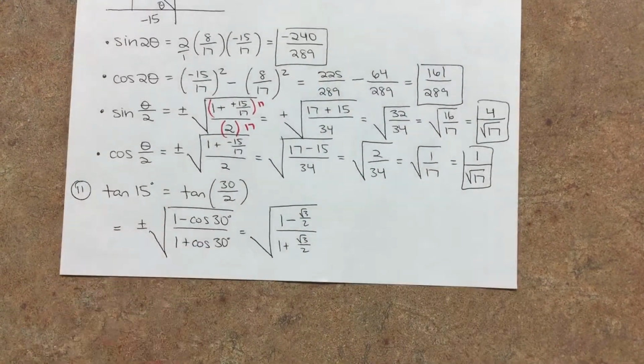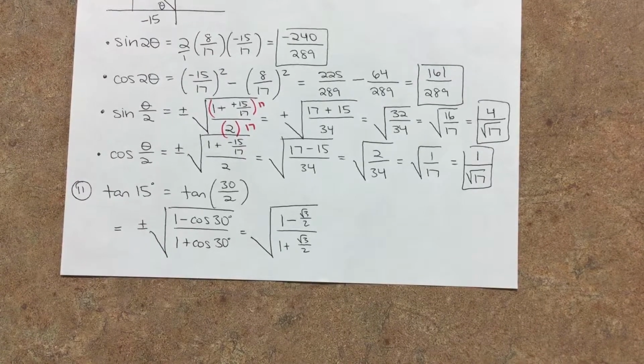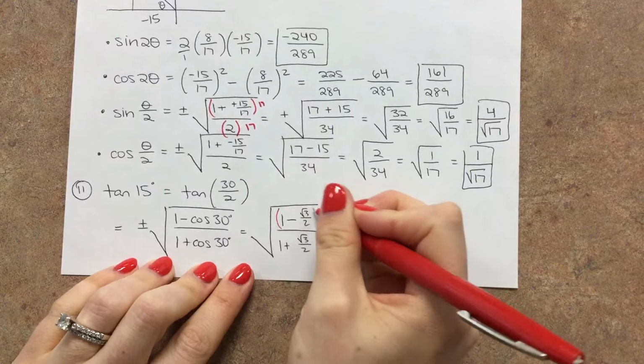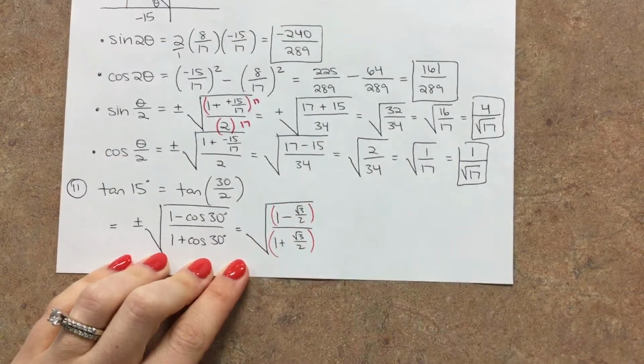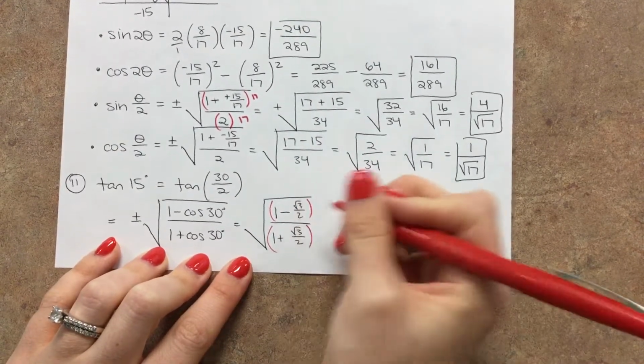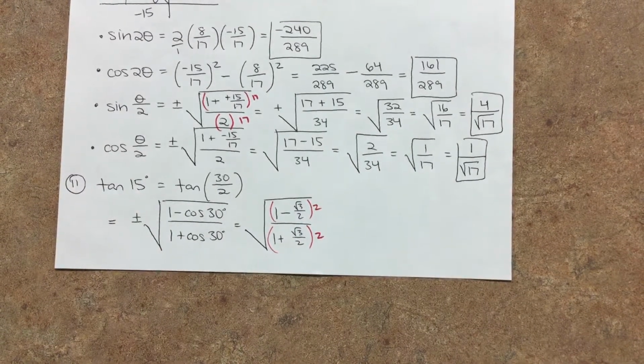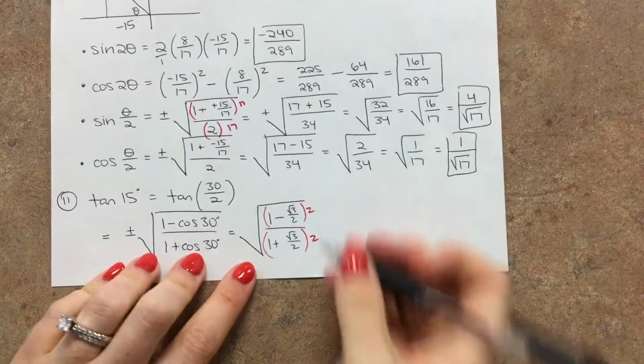Okay, so all we have to do to clean this up is what I did up above. And you want to clear out those fractions inside of fractions. So here you'd multiply top and bottom by what? 2, because this little denominator is 2. So you multiply everything. Remember, that includes the ones. Make sure you're actually distributing that 2.